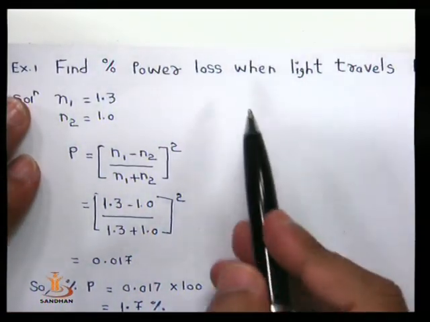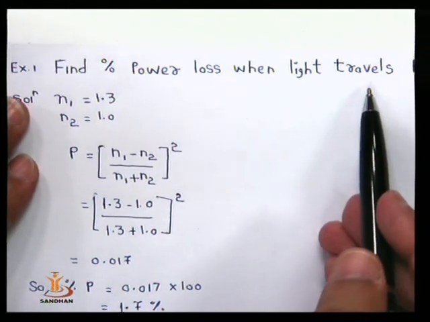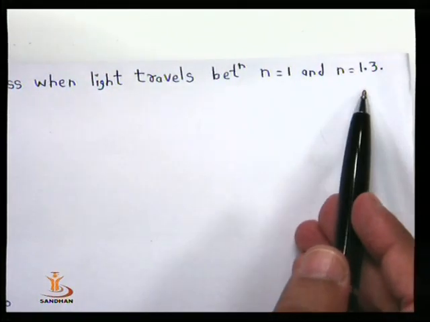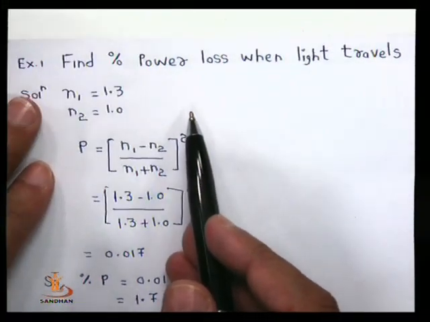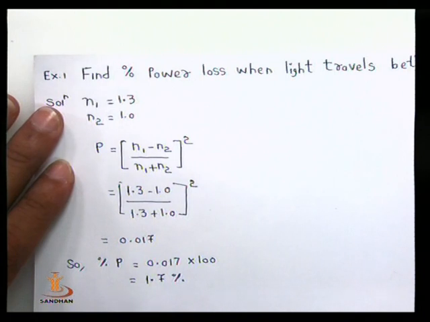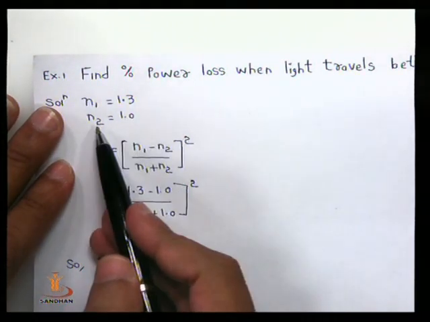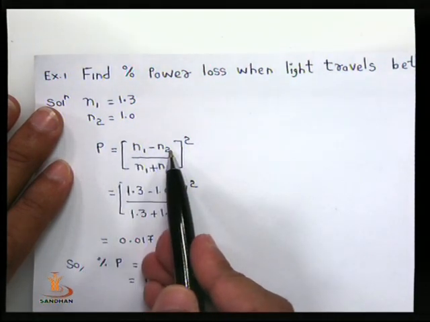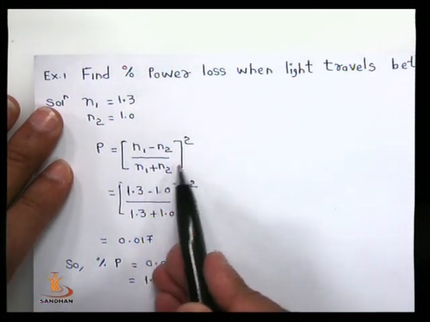Find the power loss when light travels between n equal to 1 and n equal to 1.3. Here n1 is 1.3 and n2 is 1. Power is given by ((n1 minus n2) divided by (n1 plus n2)) whole square.